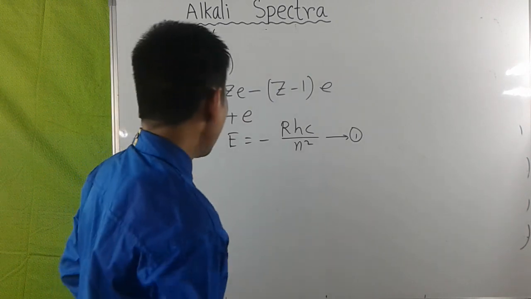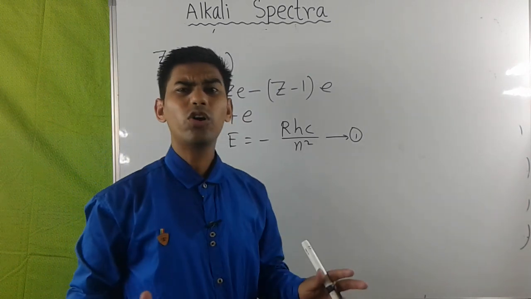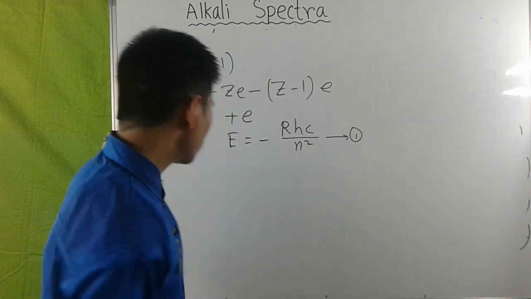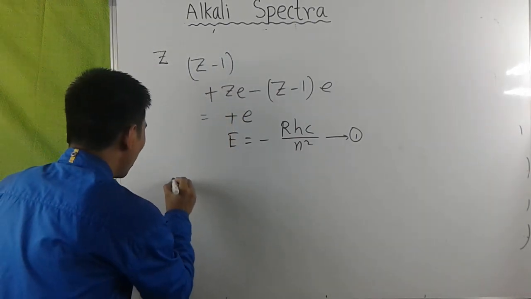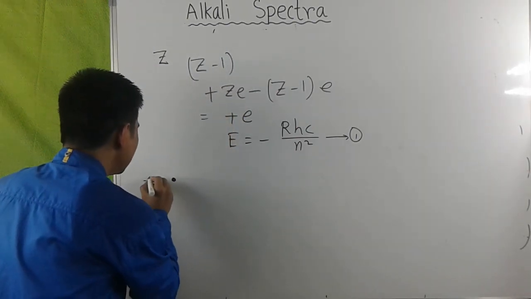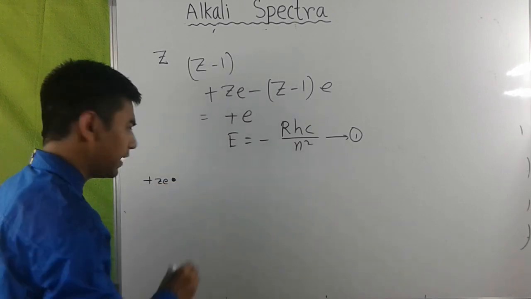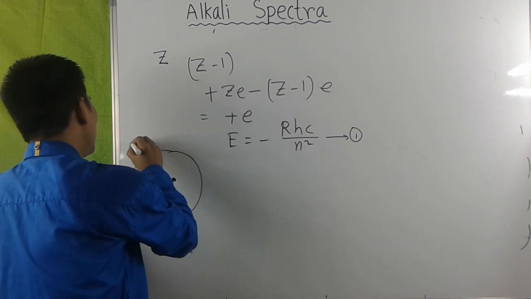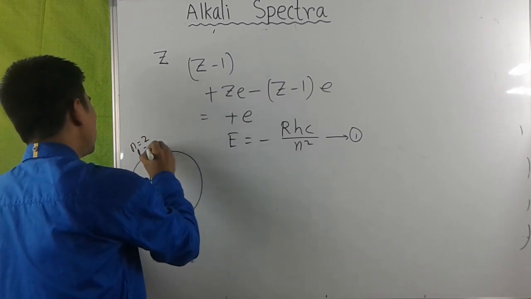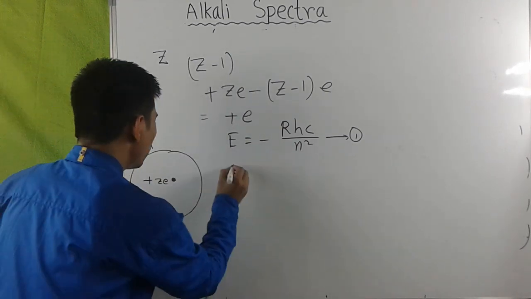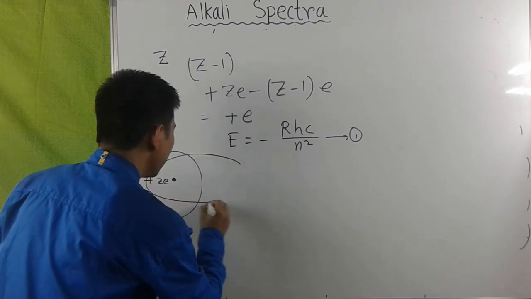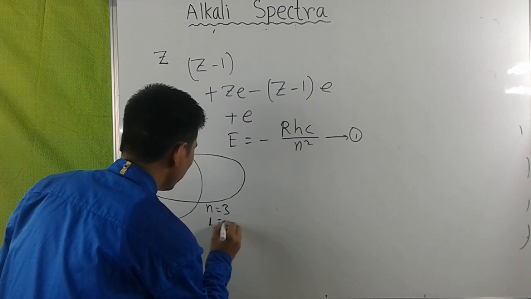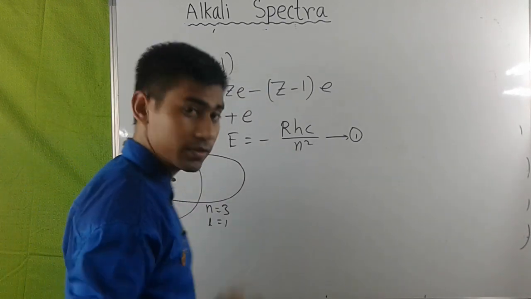Now actually all the electronic orbits are not circular. Suppose this is the nucleus of charge plus Ze, and this is the orbit corresponding to n equals 2 and l equals 1, and suppose this is the orbit corresponding to n equals 3 and l equals 1.